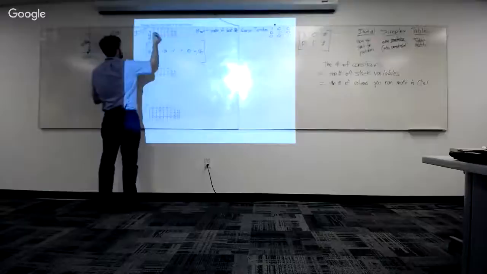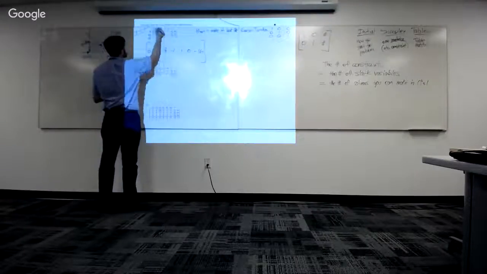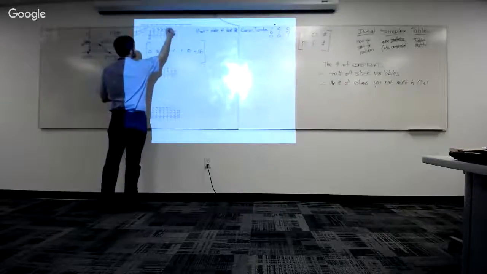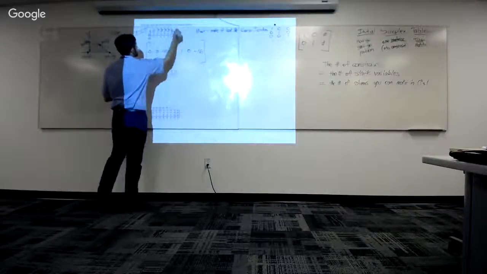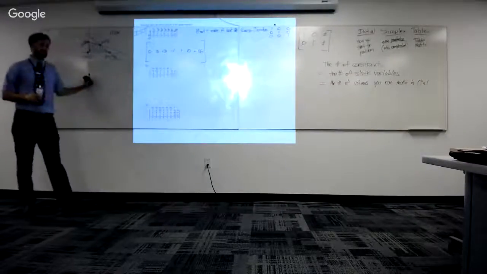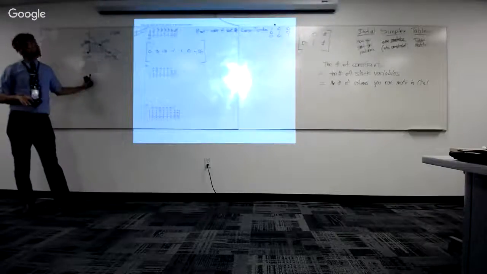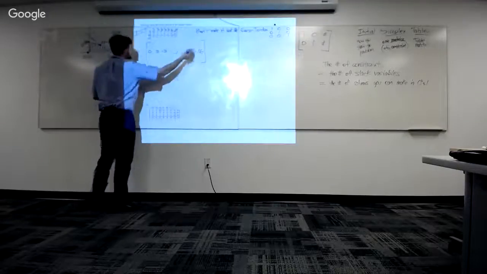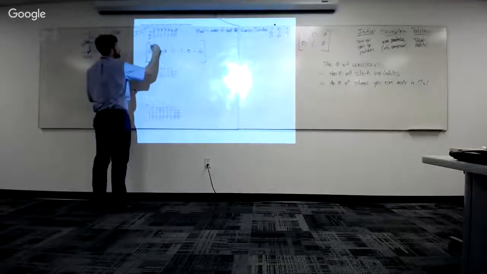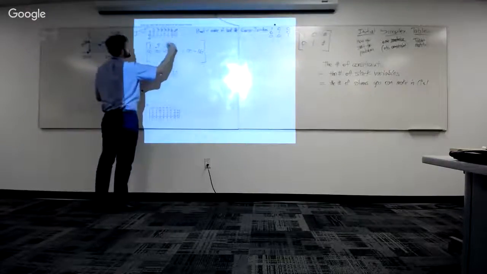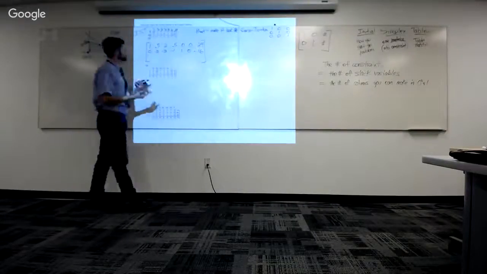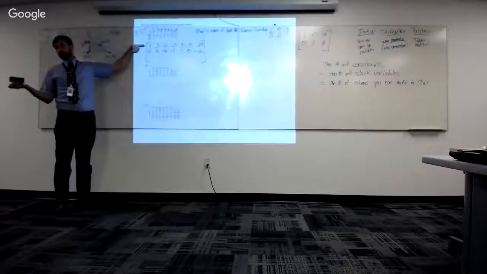That'll turn the top row into 1, 0.5, 2, 0.5, 0, 0, and 24. So I just divided the entire top row by 2. Incidentally, that is going to be our new top row: 1, 0.5, 2, 0.5, 0, 0, 24.